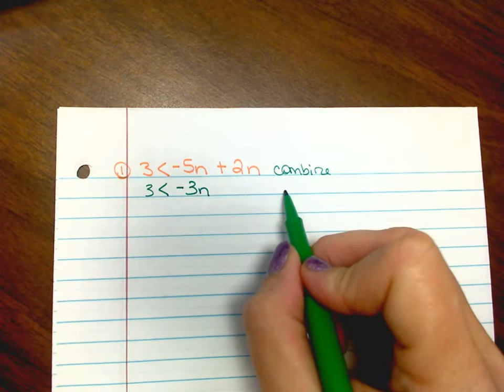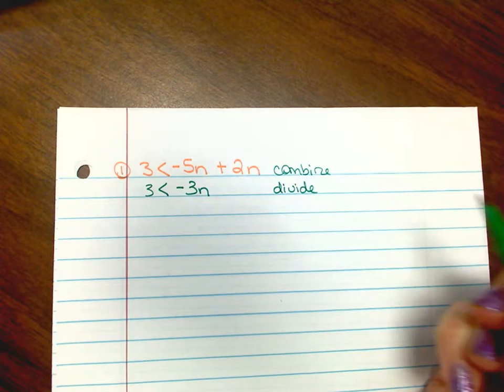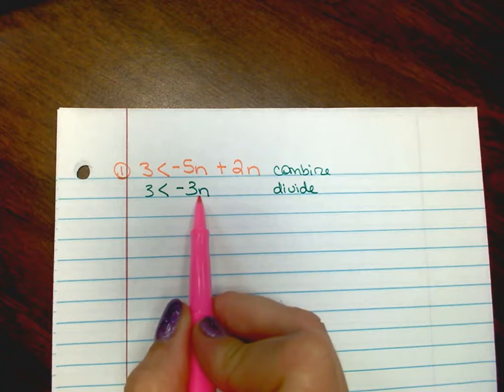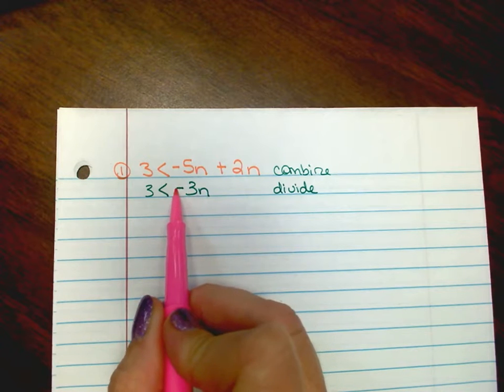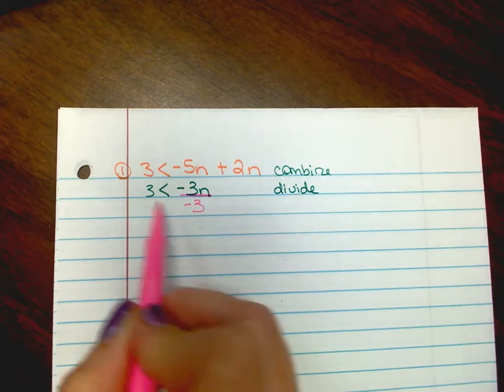So then our next step would be to divide. I want to get n by itself. The only way to get n by itself is to do the opposite operation. Well, it's multiplying by the negative 3, so to do the opposite, we need to divide by negative 3.